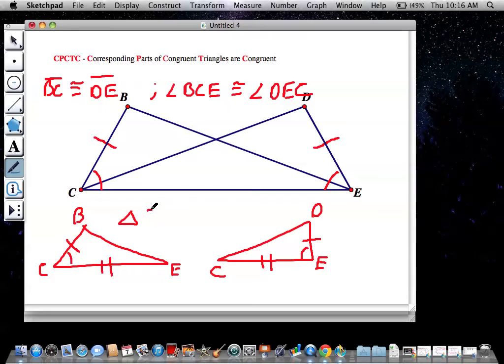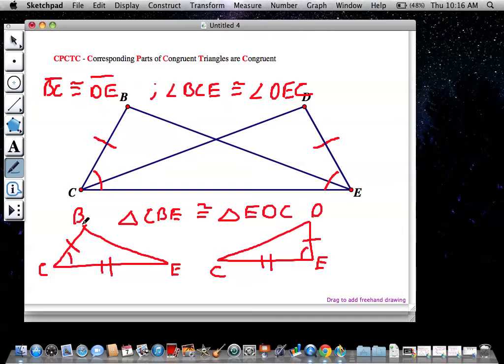So triangle CBE is congruent to triangle EDC, since C pairs up with E. Since I've proved they're congruent, I can go on and label everything else.